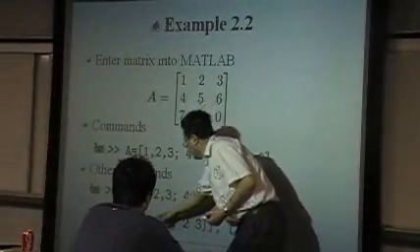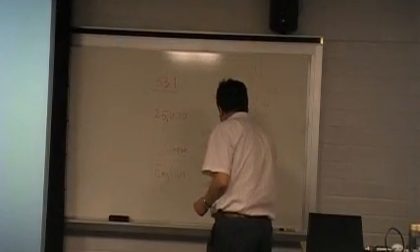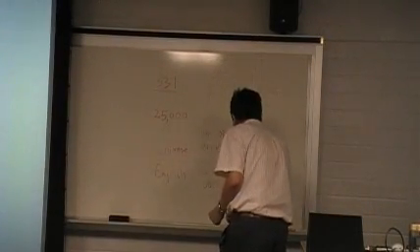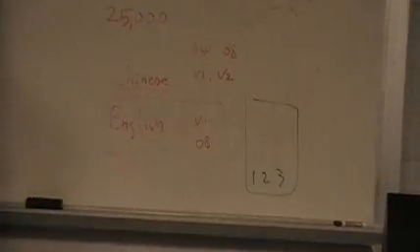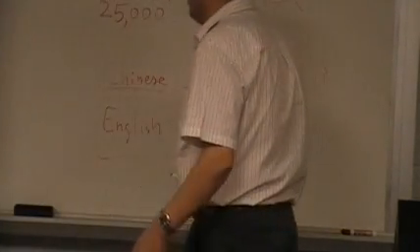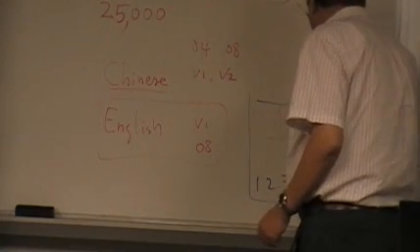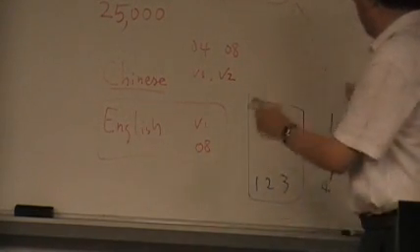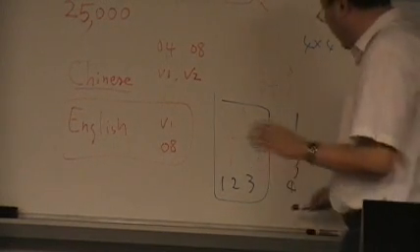There is a semicolon, which means to change to another row, and then 1, 2, and 3. So this is the left-hand side of this command. And this part, if you recognize it as a column vector, 1, 2, 3, 4, you can get a 4 by 4 matrix.